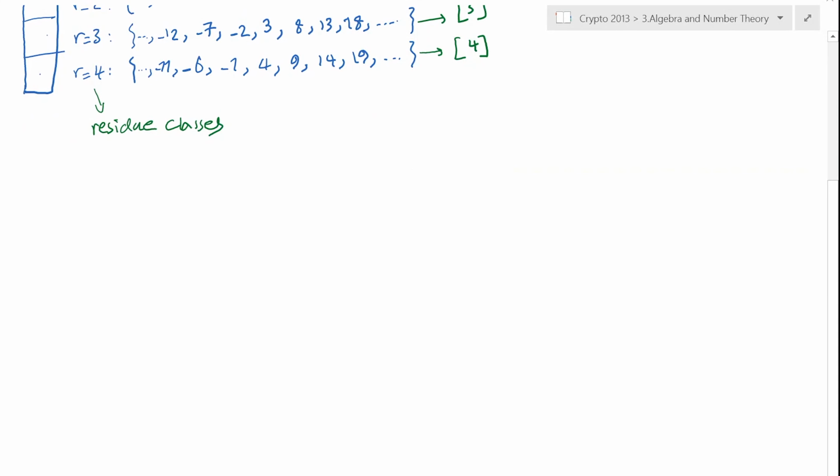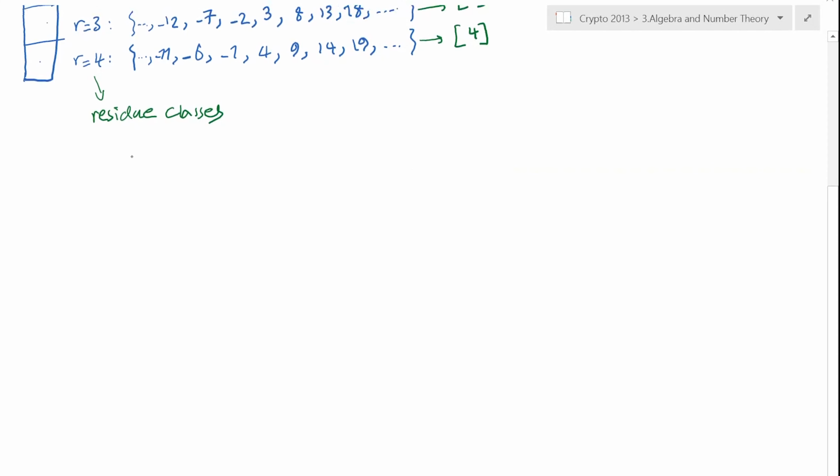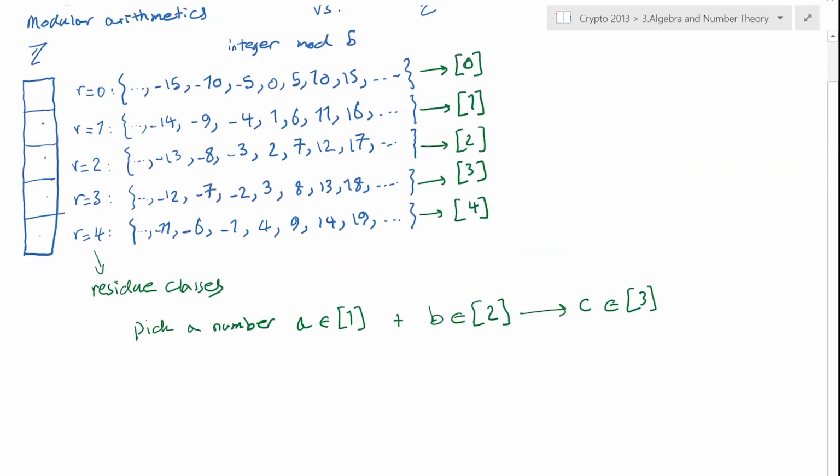The idea is that if you pick any integer from residue class 1 and add it to an integer from residue class 2, you always get an integer from residue class 3. That is very interesting. Let's see what we mean.